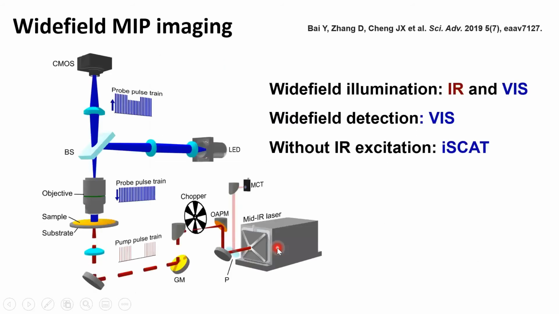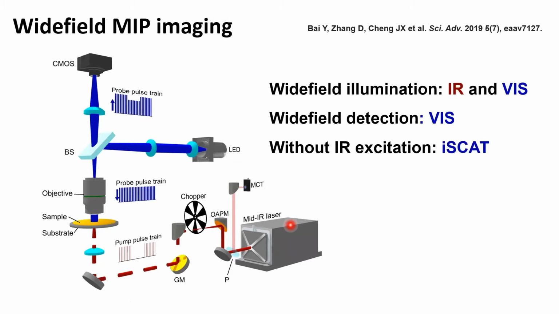And the solution to this question is we do wide field. In the scanning approach, there is a mismatch in the focus size because the visible focus is much smaller than the IR focus. This is the same problem in fMIR.